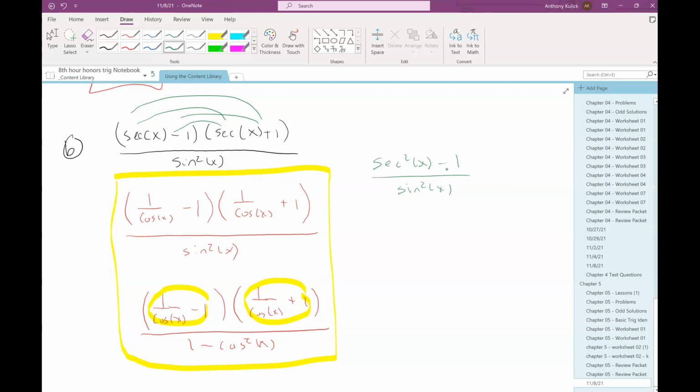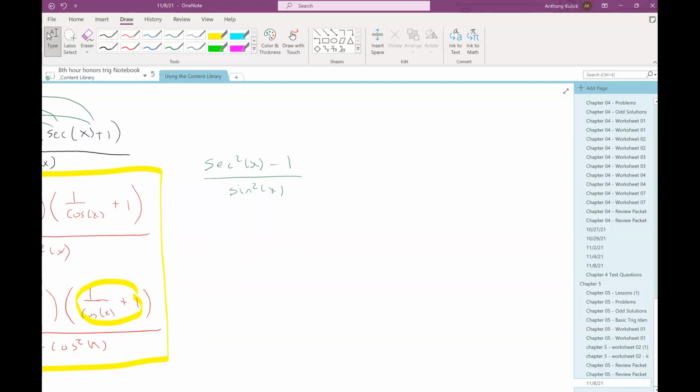Do you guys see anything good to use here? Might I suggest I'm going to swap 1 plus tangent squared in for secant squared.